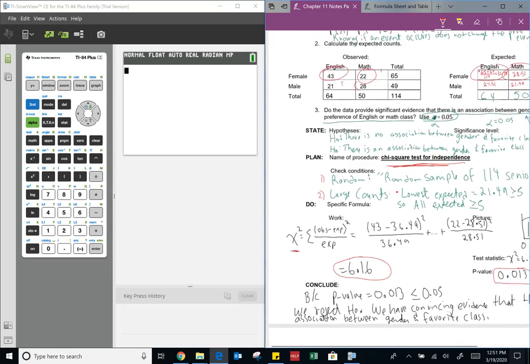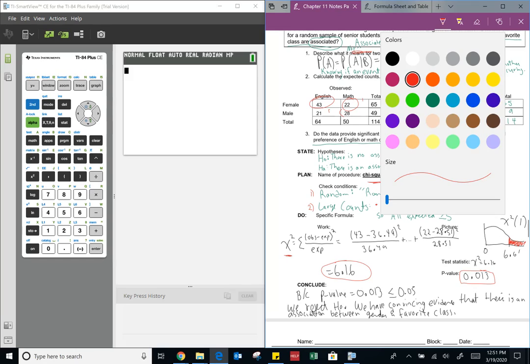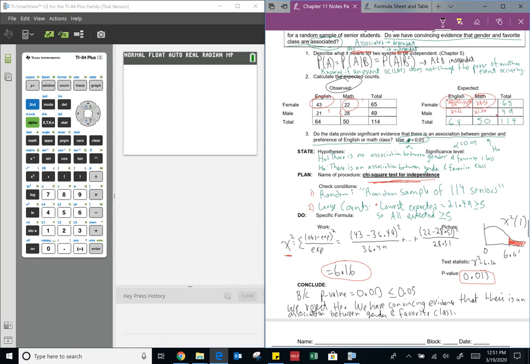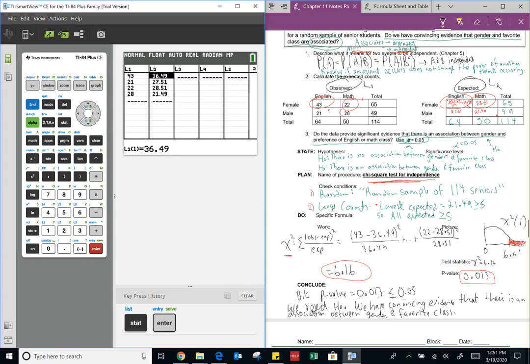Okay. So I have my calculator here. First thing I'm going to do is insert a list of my observed in list 1 and my expected values into list 2. So stat, and then I click edit, and I've already gone ahead and done this.